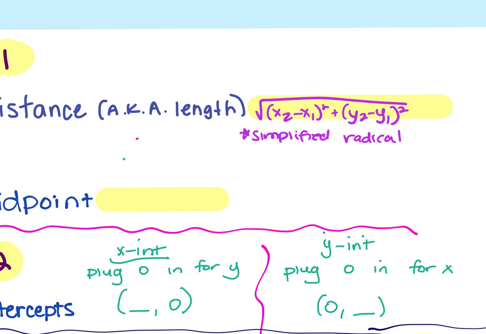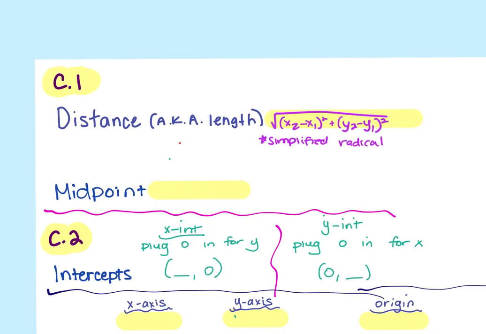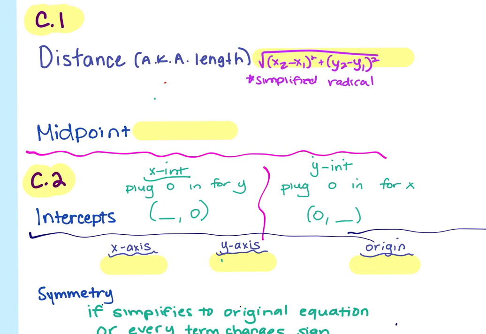You keep it exact, but you do make sure it's simplified. Then came the midpoint formula, which is x1 plus x2 over 2 and y1 plus y2 over 2. And this stays in coordinate point form.